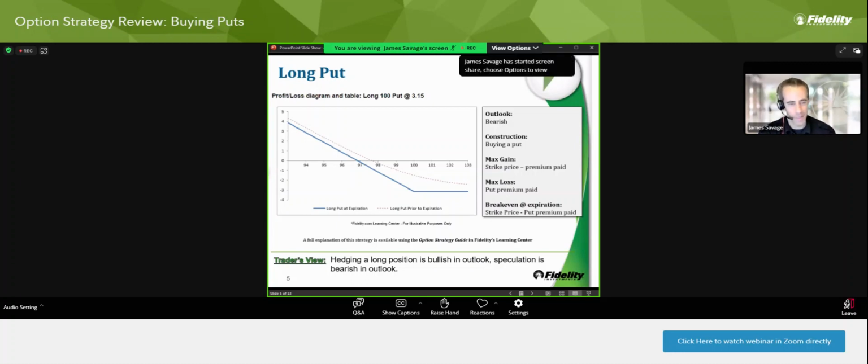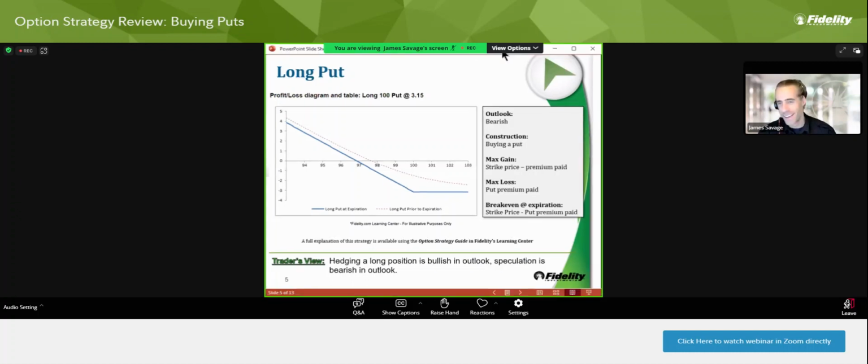It doesn't entail more than going on your options trade ticket, going to that single leg trade and choosing buy puts to open. Unlike some other multi-leg strategies where you have to construct a few pieces together, or even something like a covered call, right, where you have to construct two pieces to create said strategy, it's nice when it's as simple as just going to buy to open and choosing that put.